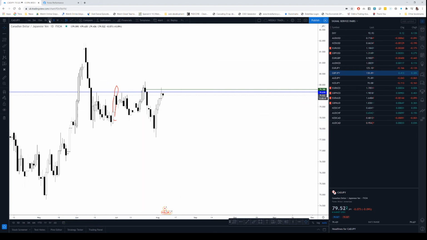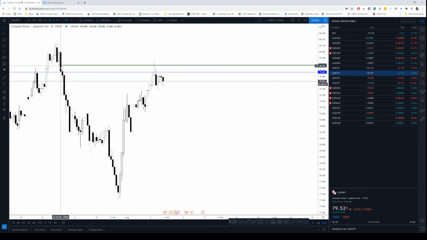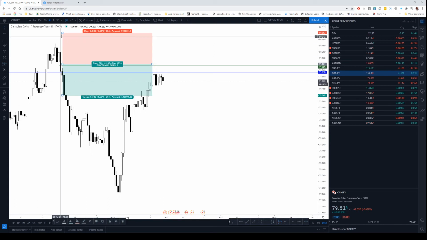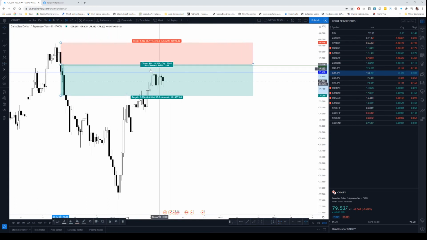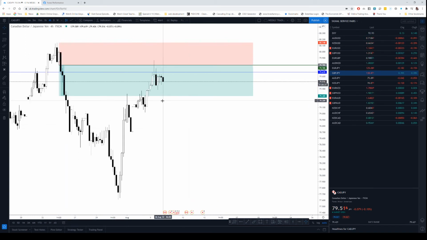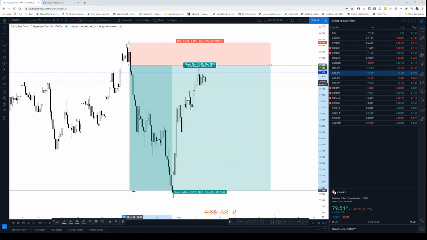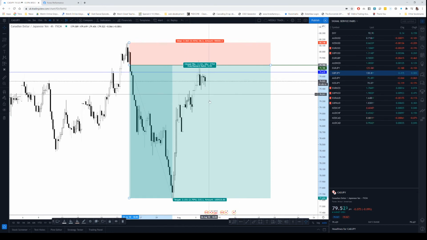But I did like the level up here. That was the candle I was interested in. So I said, if you want, because it's not a big stop, you can take a short up here, something like this, and then you can hold on to it, because the market on the daily is bearish.